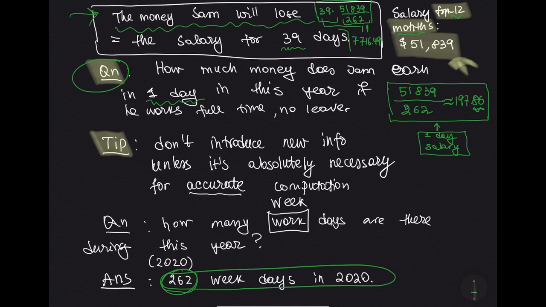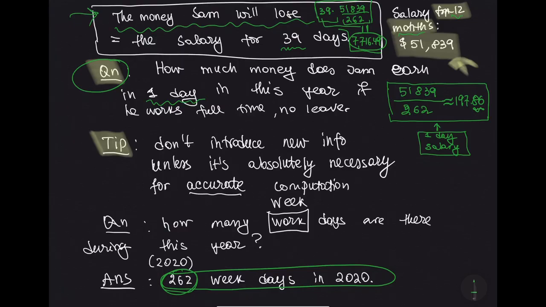So I went and computed. This is going to be 7,716.49. So this is how much Sam is going to lose in terms of his salary pre-tax if he's going to take 12 weeks off to care for his newborn son. So then you might say, well, okay, that's how much Sam is going to lose.